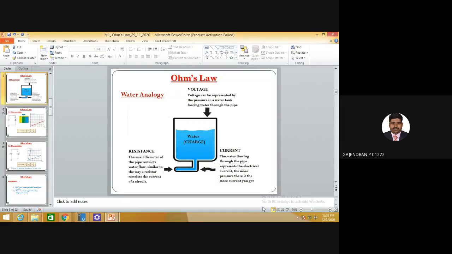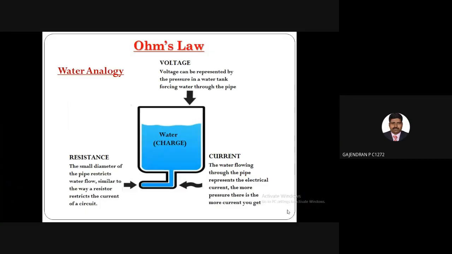Is it visible? Yes, sir. Make it fast. Yes, start. Anyone can tell. Very simple. Just tell which quantity is compared with which.